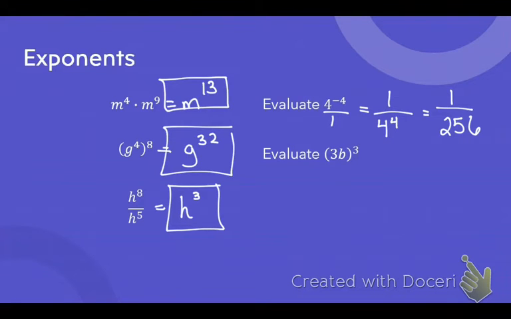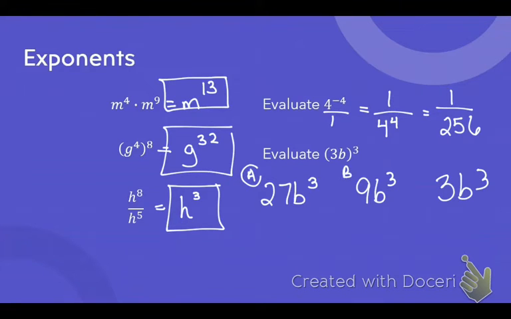So on this last problem, if I were to give you these 3 answer choices, all right, so this is going to be A, B, and C. Which one is the correct answer?